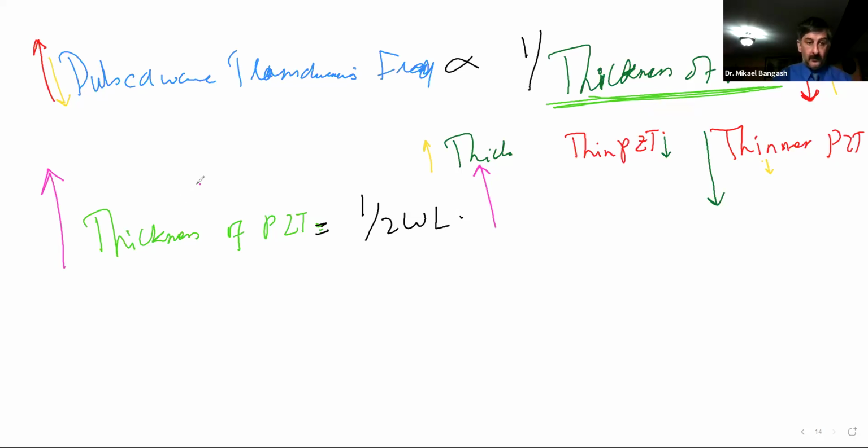Okay. Where we could say, okay, if the PCT, for instance, was two millimeters thick, then in this case the wavelength would have been 4 millimeters, right? Did that make sense?